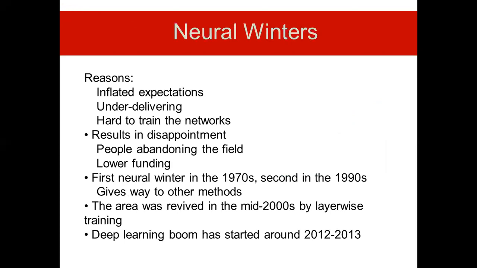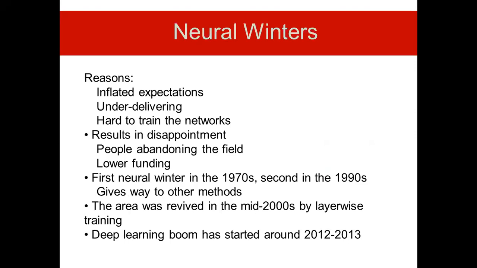These early neural networks didn't deliver very good performance, and the results were disappointing. So people started abandoning the field, and there was also very low funding in this area.